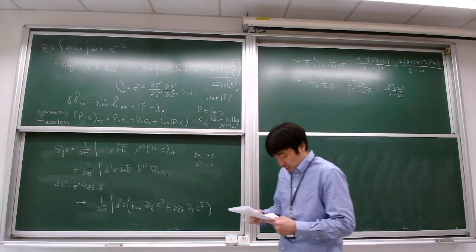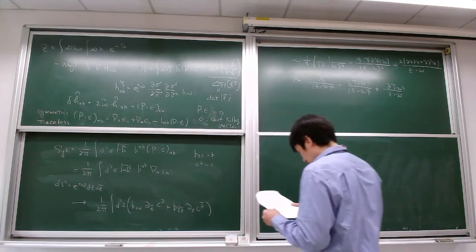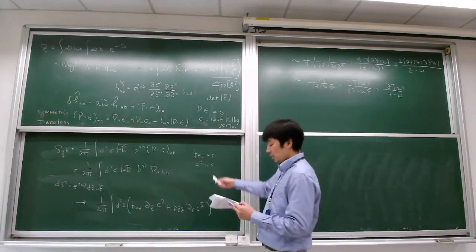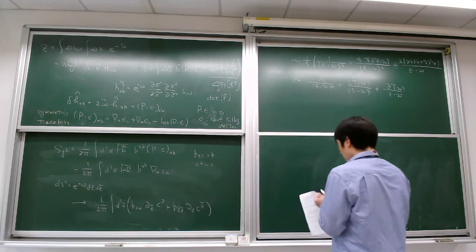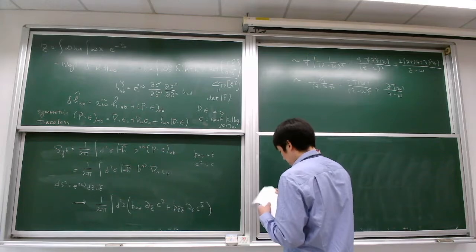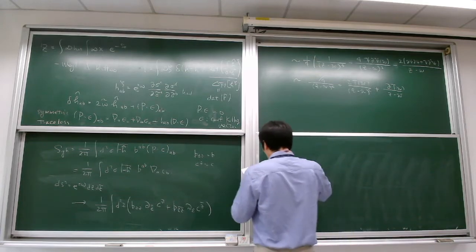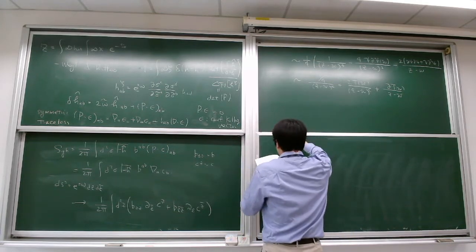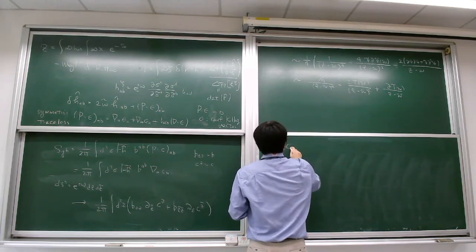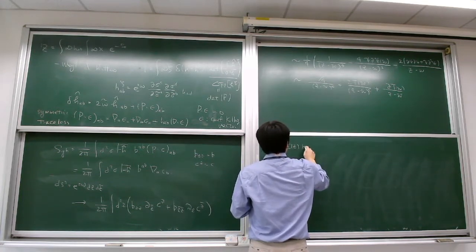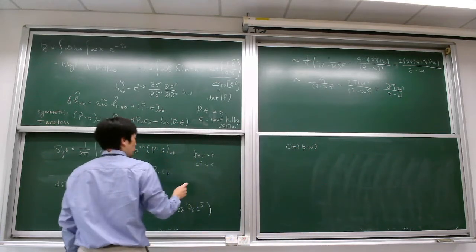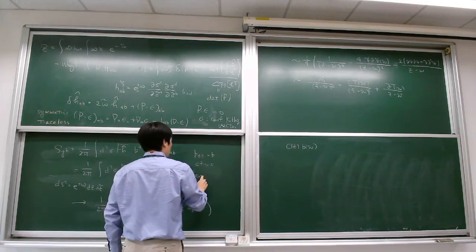So the equation of motion tells us that b and c are holomorphic fields. What we have done is that c(z) and b(w), also I should mention, these are fermionic ghosts.